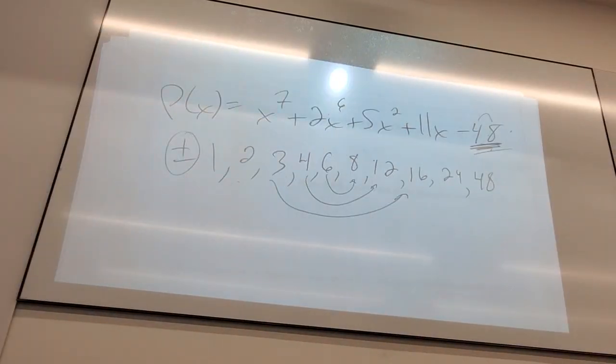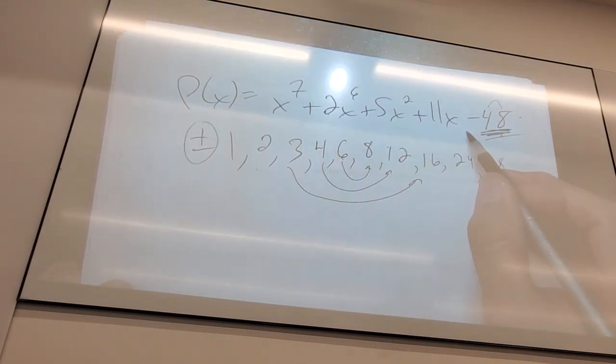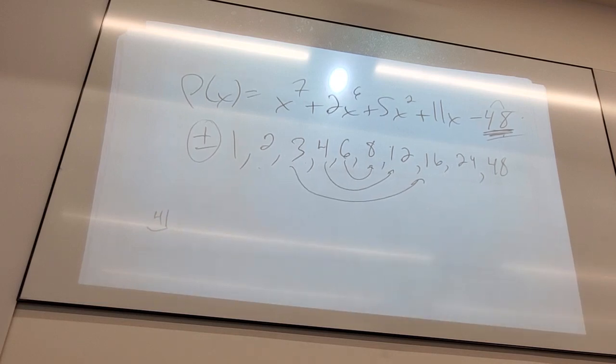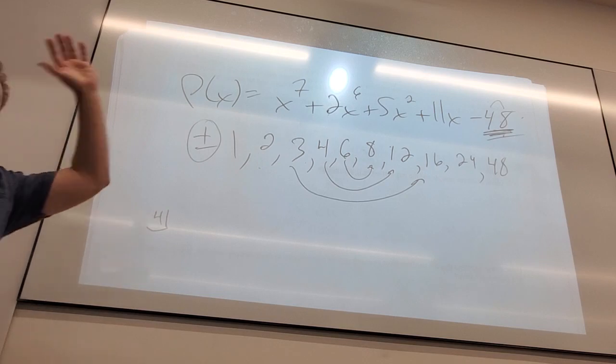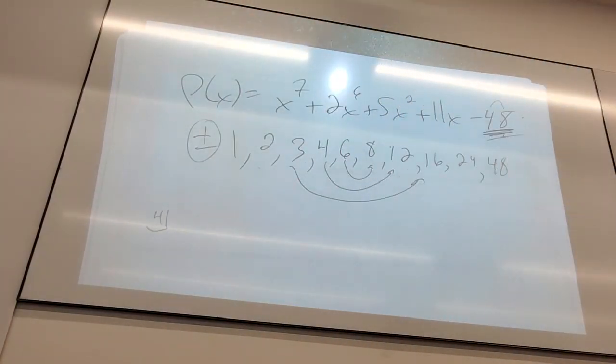Now, the next step, if this was a real problem, is I would just pick a number and start synthetically dividing. If it didn't work, I would pick another number and start synthetically dividing. And if that didn't work, I would write it down. So, don't you wish there was a way to cut down on the size of this list?